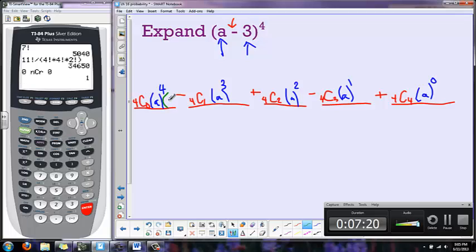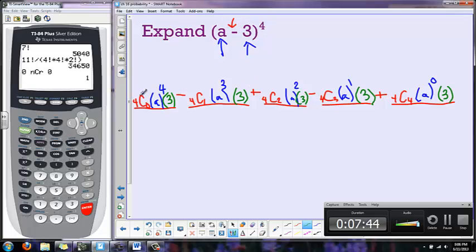So what you're going to do is write that second term, the 3, in parentheses, and instead of starting at 4 and going down, you're going to start at 0 and go up. Now, what I do want you to notice is that I'm only writing a 3 inside those parentheses, not a negative 3, and that is because we already took into consideration the fact that the signs were changing because of the negative sign right there.